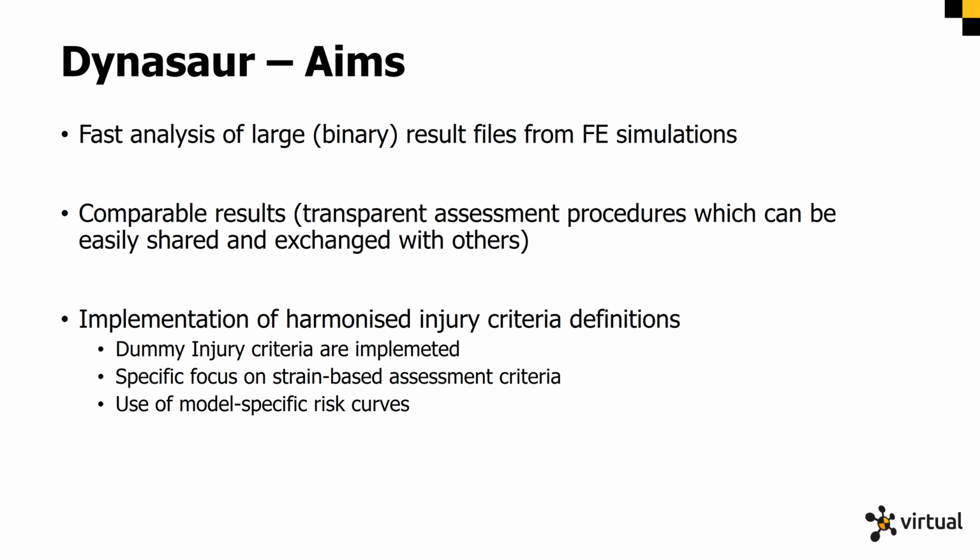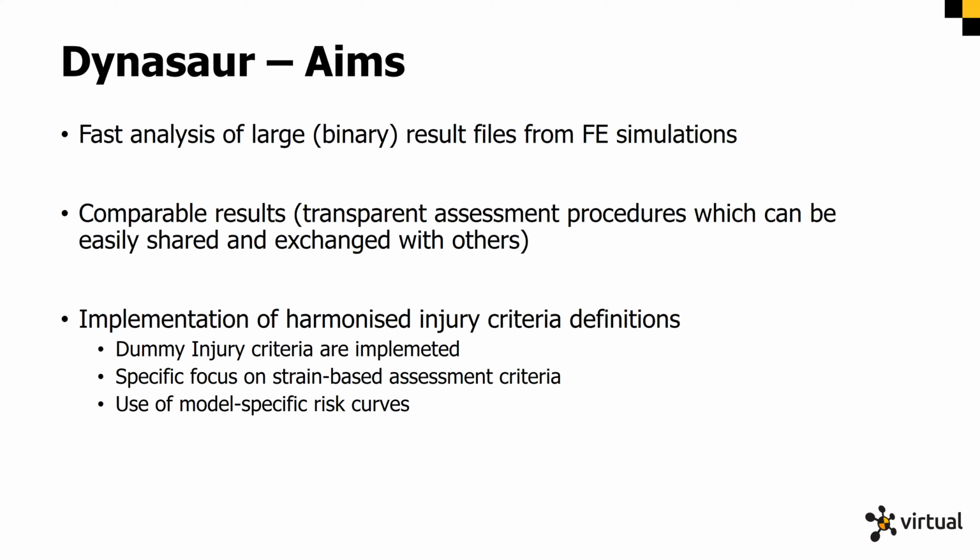Ideally, when you write a paper, you can even attach the script that you have used to extract your strains so that everyone can reproduce what you're describing. Although we have some license restrictions with some models, the whole assessment procedures and calculation procedures can be exchanged very easily among researchers.